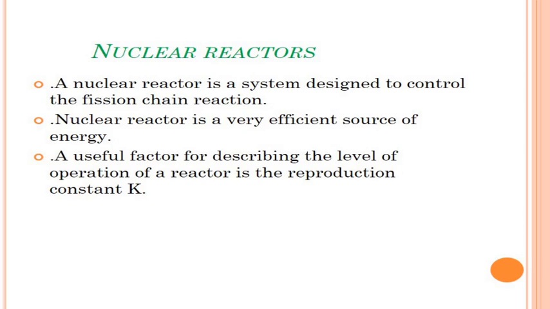And we had already discussed about K, that is a reproduction constant. Reproduction constant K is defined as the average number of neutrons available from each fission that will cause another fission for a controlled self-sustained chain reaction.